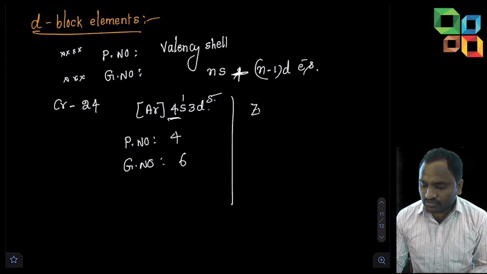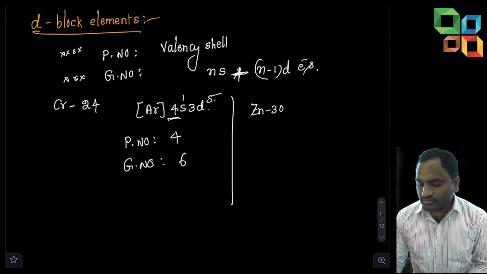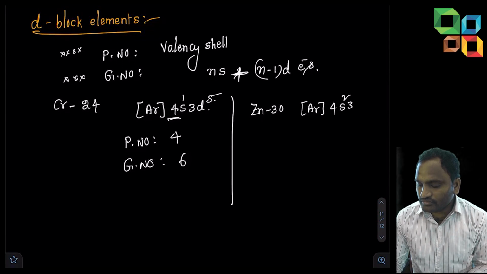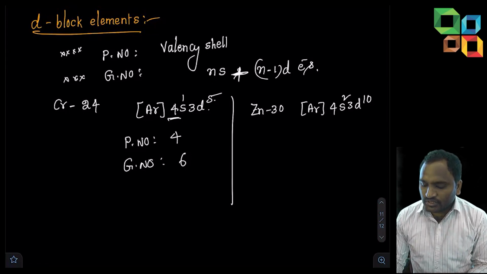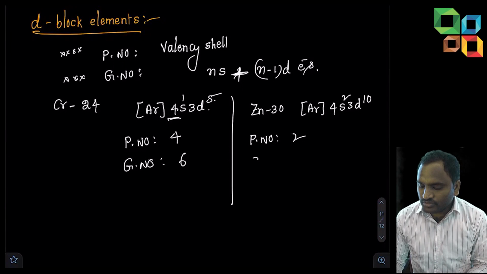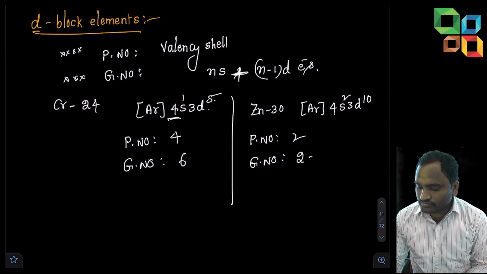Zinc, we will see. Atomic number 30. Argon 4s2 3d10. So here period number is 4. Group number is ns and (n minus 1) d, which is 12.